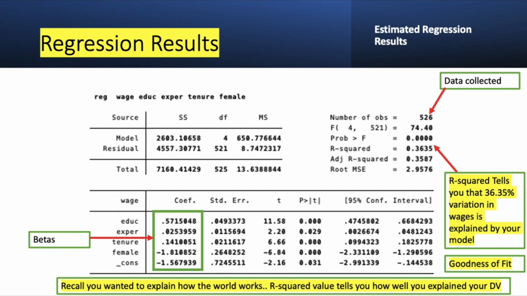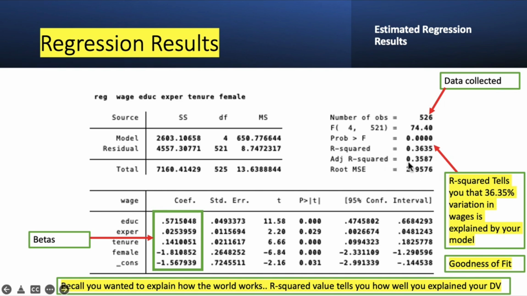And the way it's done is that this F statistic compares the model that you have with a model that didn't have any of these independent variables, and sees if including these independent variables has a significant impact. Ideally, this number for the F value should be greater than 4, and the probability value should be less than 0.10.